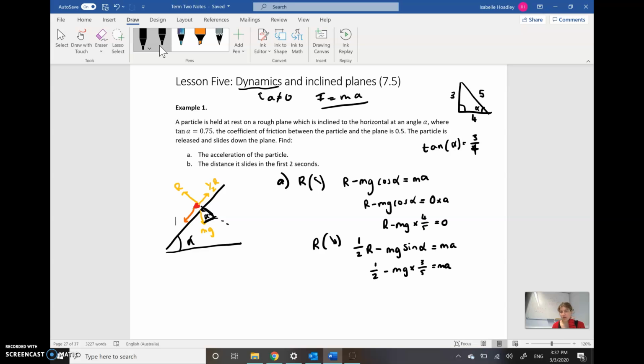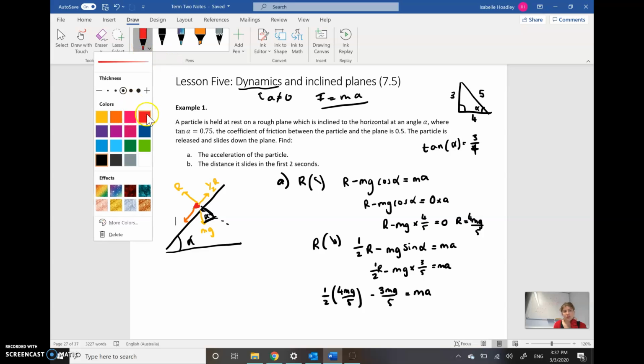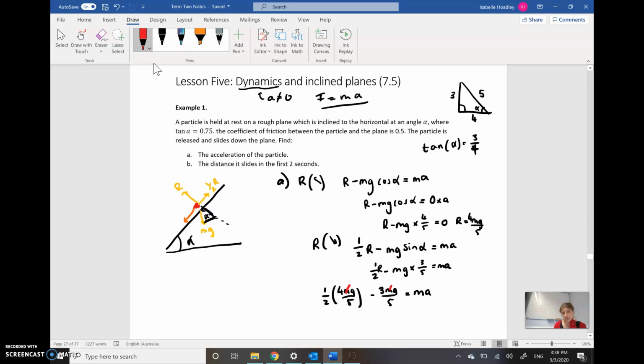Now I'm just going to rearrange this equation, so I'm going to say R equals mg times 4/5, so 4mg/5, and then half R, and I can substitute that in for R in this equation here. So I've got half of 4mg/5 minus 3mg/5 equals ma. Now I can divide through all of this by m, because it's in every term.